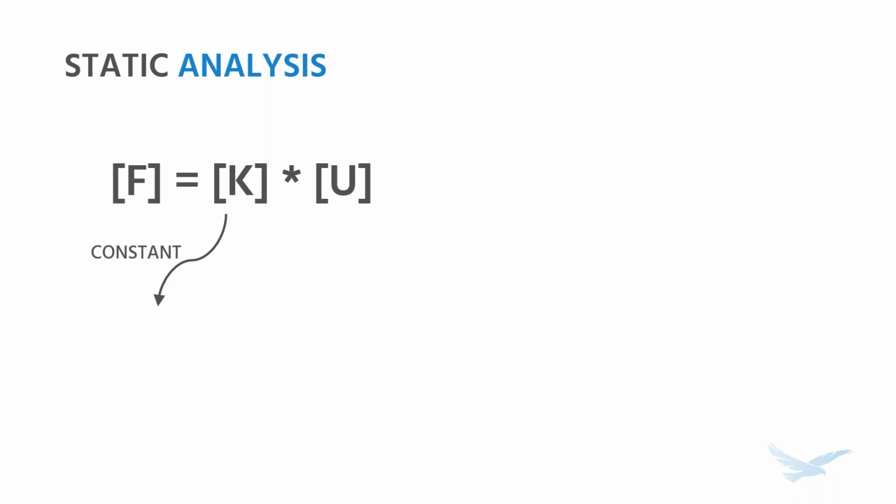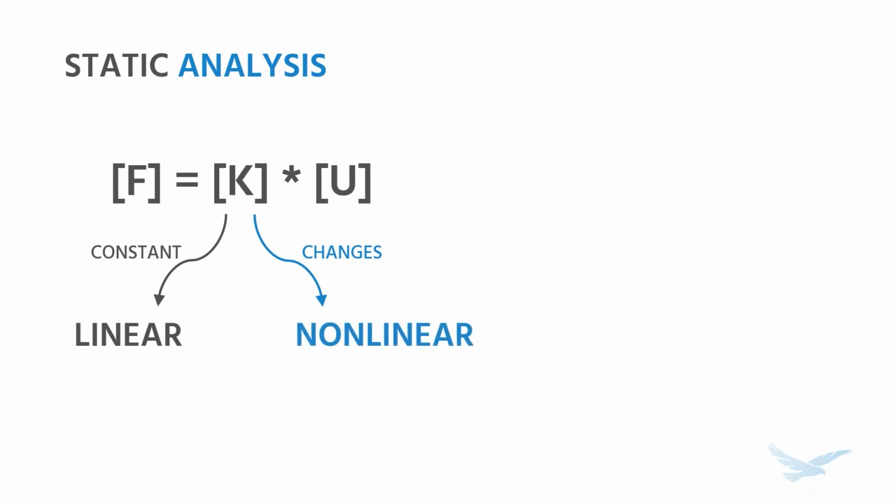If it's constant, like in a small displacement analysis with linear material, then we can use our linear simulation approach. But if the stiffness matrix changes, we're using a nonlinear material, or we've got large deformations, then we are going to need to use a nonlinear simulation in order to solve that.